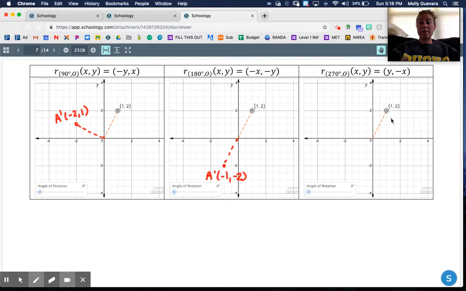And then 270, so this is 3/4 of the way around, so 3 90-degree turns, right? Again, I switch the X and Y, so that's 2 and 1. But now the X multiplies by -1, so now I have 2, -1. So this would be my A prime.